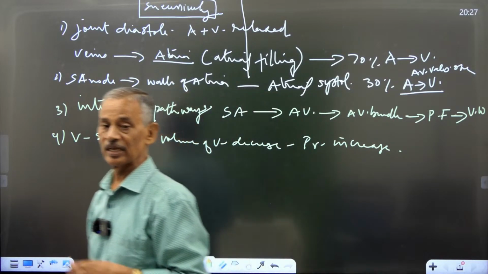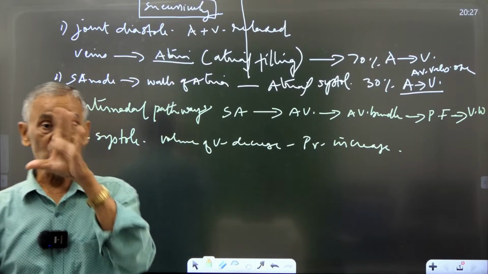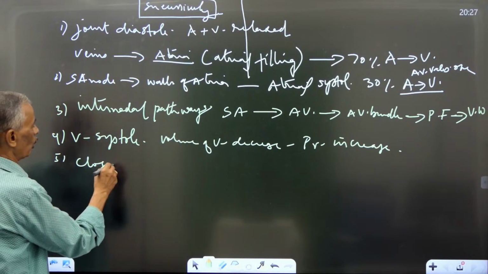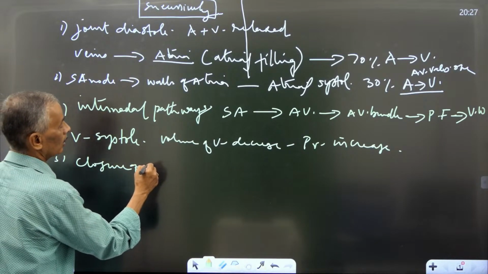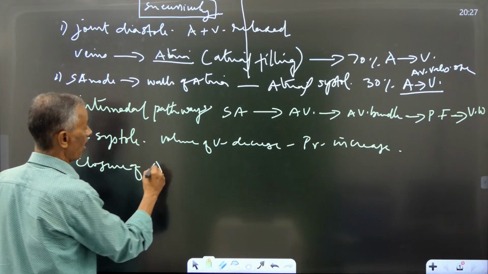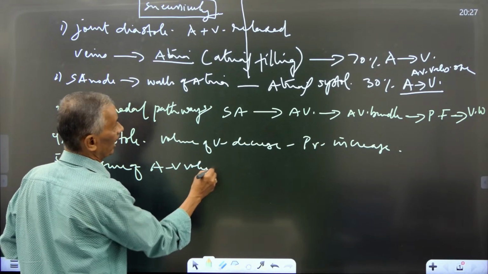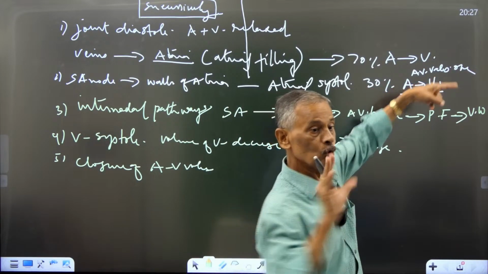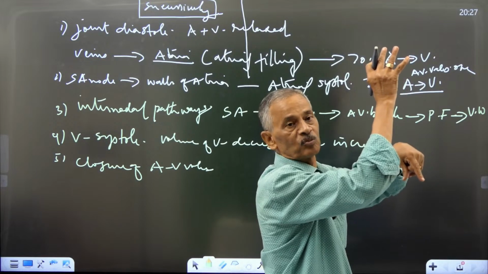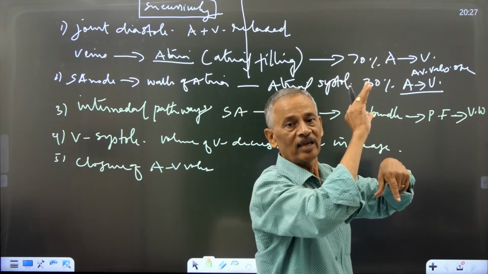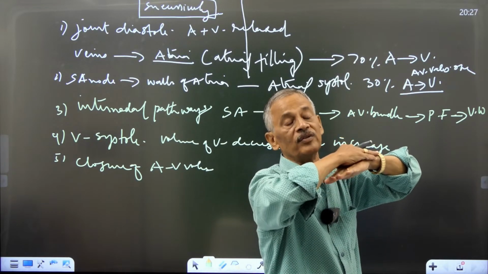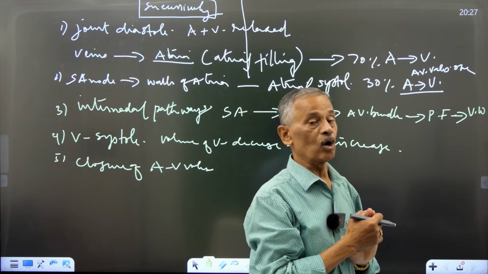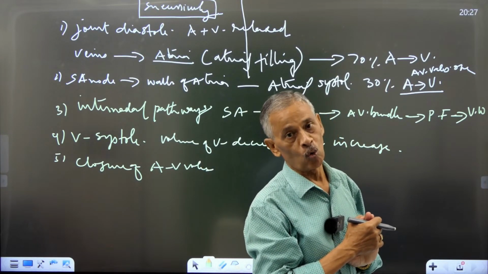When pressure is increasing, that increased pressure will cause closure of the AV valves. See, AV valves were open. These AV valves are now closed. The flaps move backward so that it will close the AV apertures. Atrioventricular apertures are now closed.